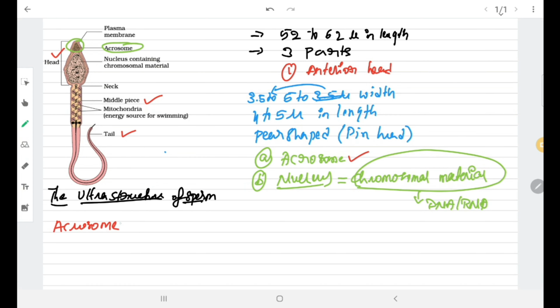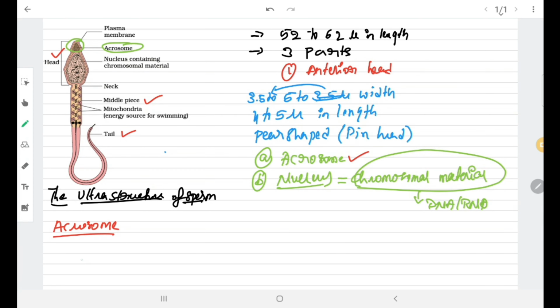Acrosome is the layer which is present in front of the sperm, at the anterior part of the sperm, above the nucleus.